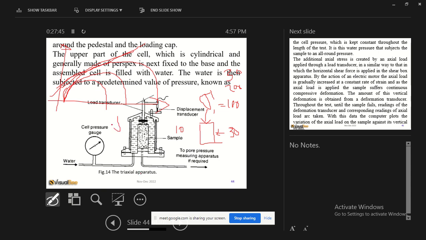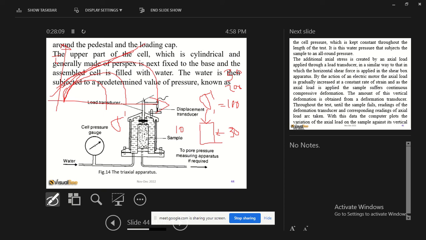So two things. This test, depending on how complicated it is, you can measure the excess pore water, or not. If the test is not as complicated, then maybe it's not possible to measure the excess pore water.